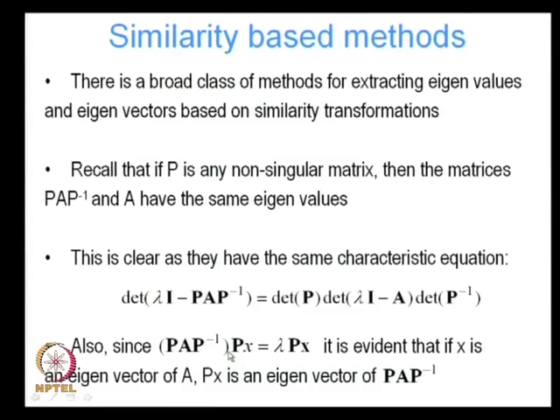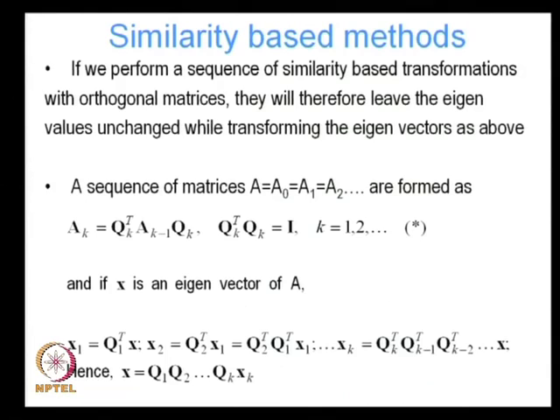Now, we are saying that instead of using any non-singular matrix, we are going to use only orthogonal matrices, right. And orthogonal matrices will also therefore leave the eigenvalues unchanged while transforming the eigenvectors as above, right.